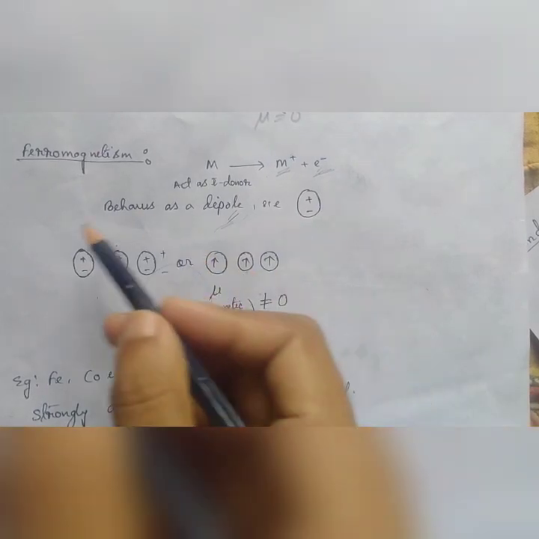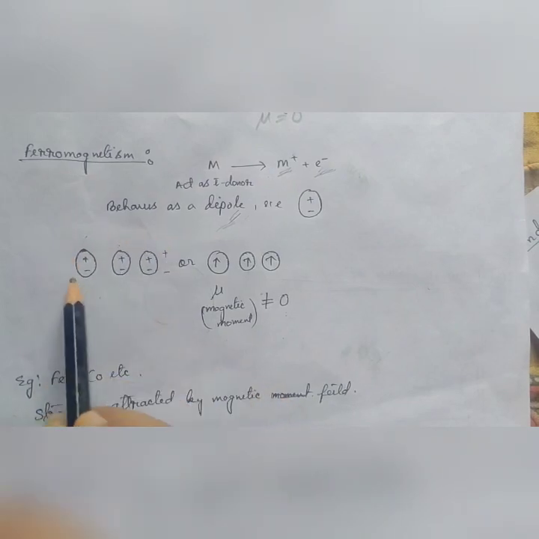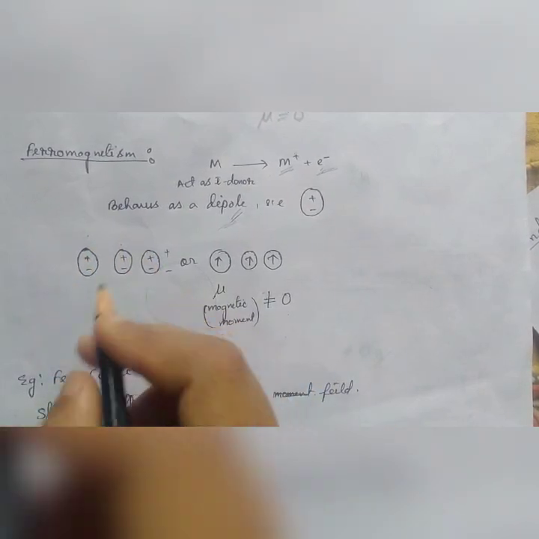Okay, now what you have done? You applied the magnetic field. Now if you remove the magnetic field from these ions, then also the group of these ions will act as a tiny magnet. Okay, they convert to a permanent magnet. Okay, so these are known as what?